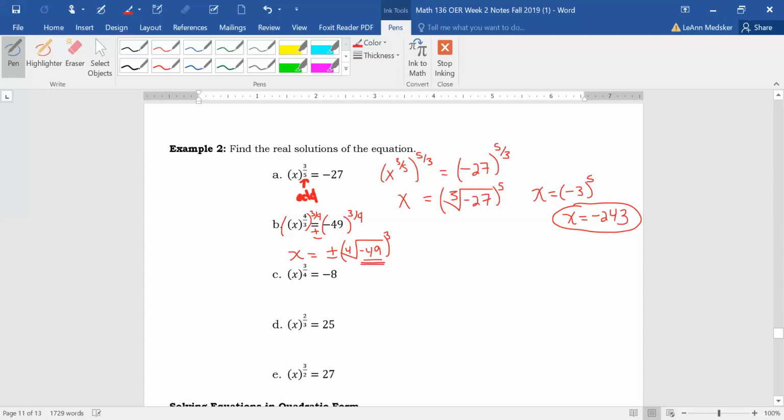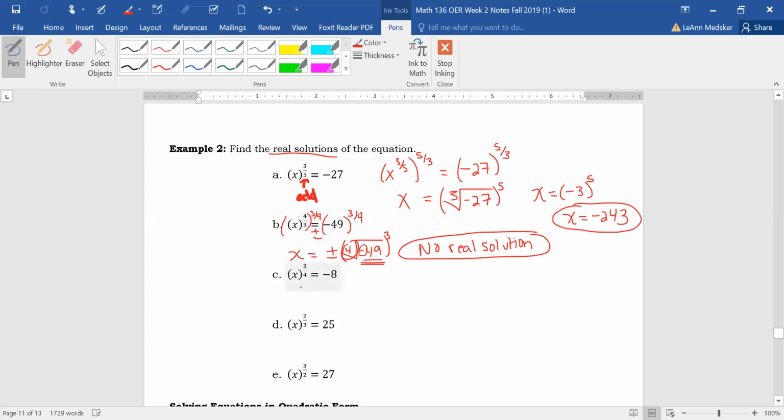Because we have an even root, we're not supposed to have negatives underneath even roots and still have a real solution. So because this is negative under an even root, we have to say that there is no real solution to this problem. So for part B, even though we started out with an odd root, once we flipped it, it was even, and this negative underneath that root caused problems.